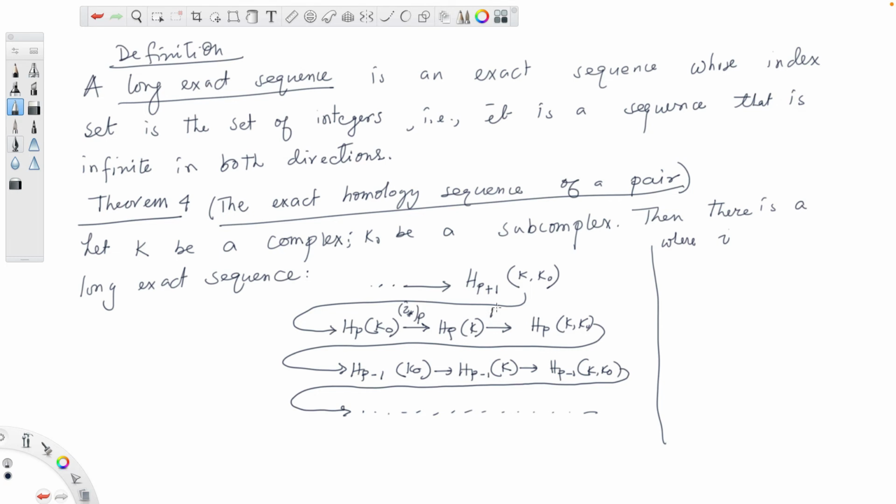So this is pi star at P, and this guy is delta star at P. Where I is the inclusion of K0 into K, and pi is the inclusion of the pair K comma null mapped to K comma K0 as discussed earlier.